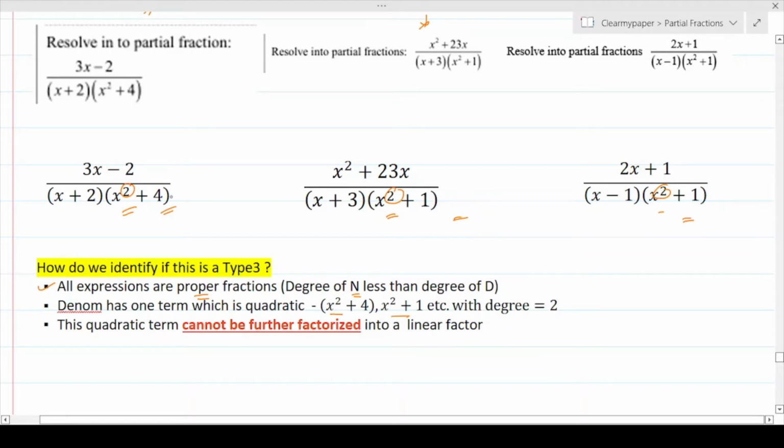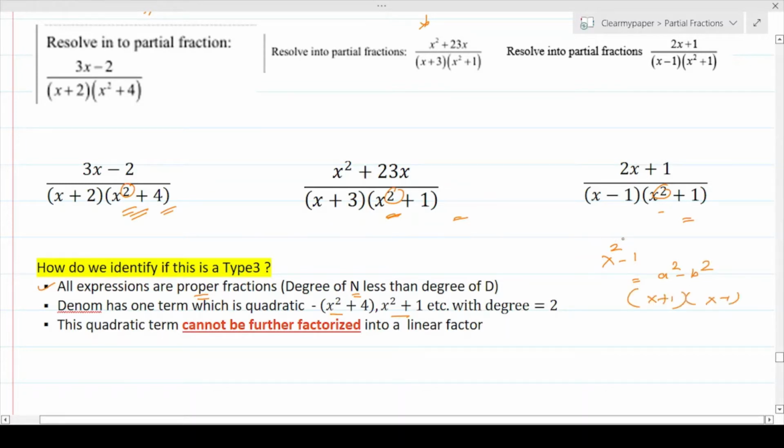And the other thing is, none of these quadratic factors in the denominator can be factorized any further. For example, x squared plus 4 we cannot factorize, x squared plus 1 we cannot factorize. And if you remember, in the last video it was not x squared plus 1, it was x squared minus 1, that we could factorize as a squared minus b squared, where we can write it as x plus 1 and x minus 1.